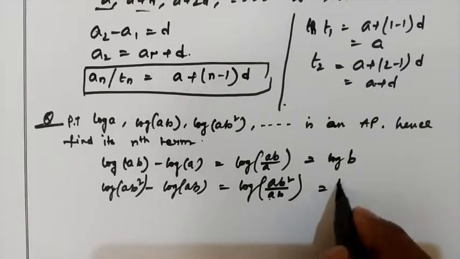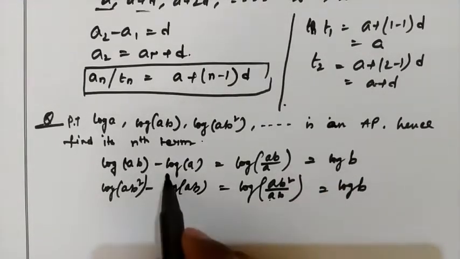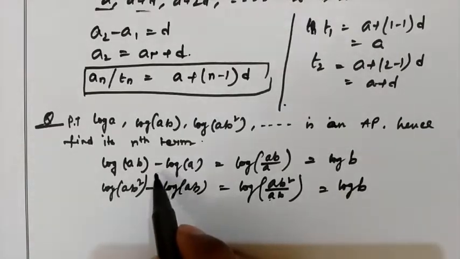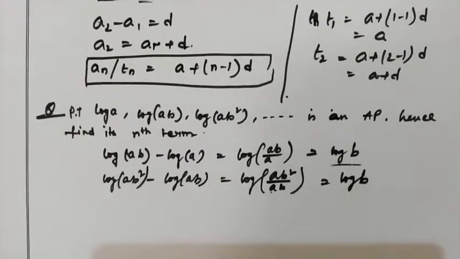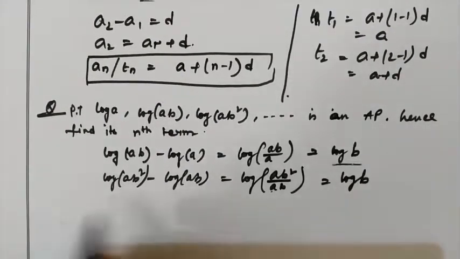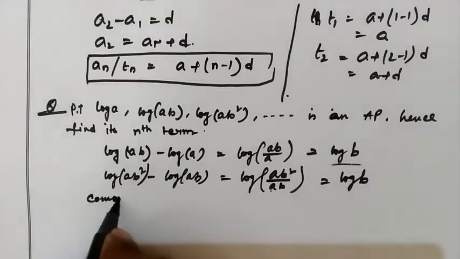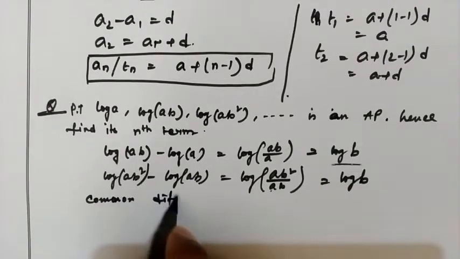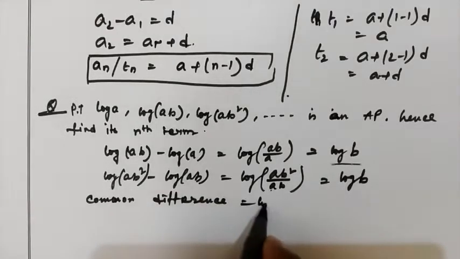That is nothing but log B. So the difference between the two terms is the same, log B and log B, so that means it is in AP. So what is the common difference? The common difference is log B.